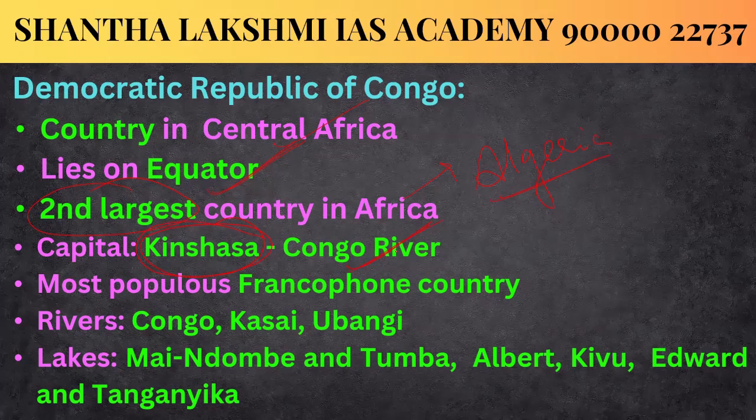And this DRC is the most populous francophone country. So what does francophone country mean? Francophone country means a nation having more French speaking people. And here French is the official language of this DRC. Around the world, there are 22 francophone countries.